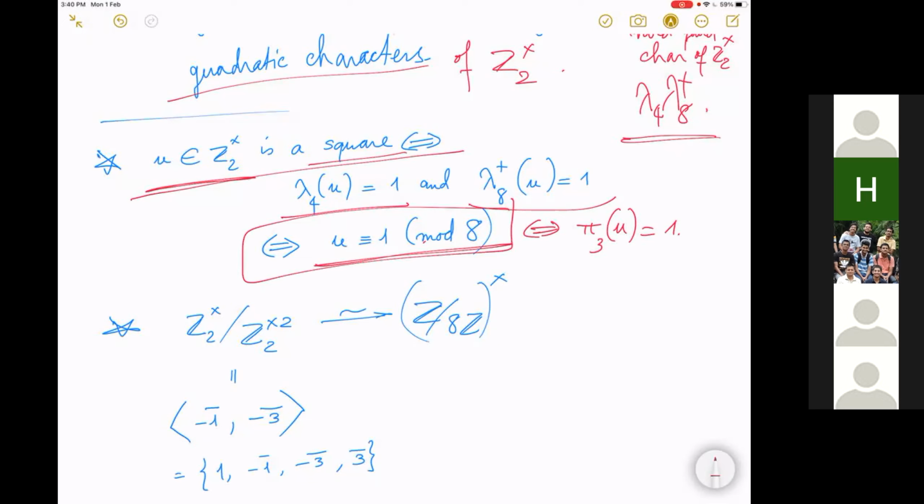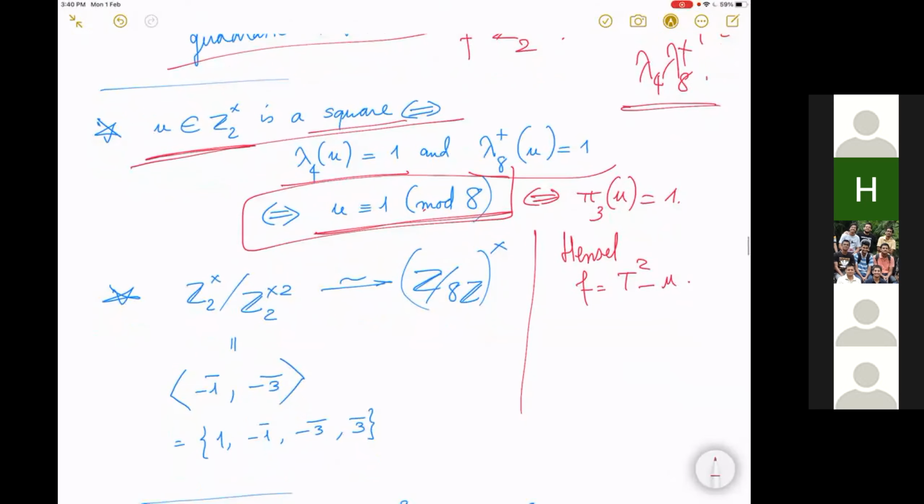And how are you going to prove it? You apply Hensel's lemma with the polynomial f equal to t squared minus u, and you take any x naught. For example, you could take x naught equal to 1.